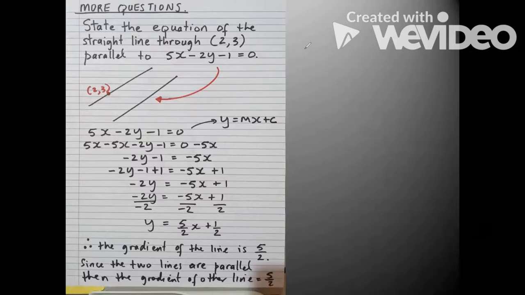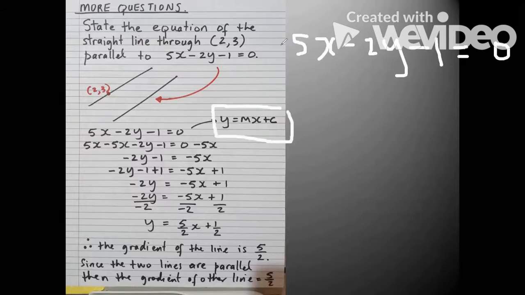So we have 5x minus 2y subtract 1 equals 0. So we need to get this looking like y equals mx plus c. But the answer is actually already there for us, but I want to work it out.